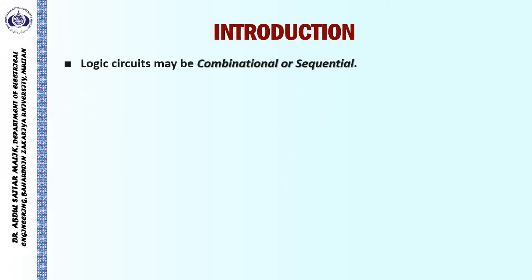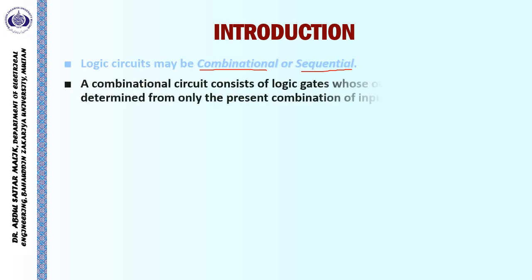Logic circuits may be combinational or sequential. So it means there are actually two types of digital logic circuits. One is the combinational logic circuits and the other is the sequential logic circuits. A combinational logic circuit consists of logic gates whose outputs at any time are determined only from the present combination of inputs.